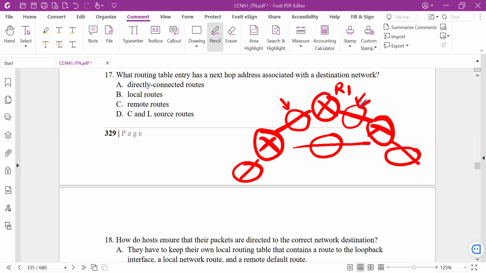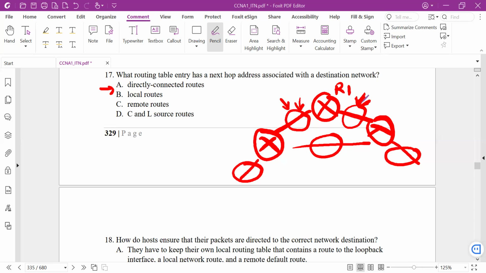So when we talk of directly connected entries, these two networks are directly attached to the interfaces of a router that will consider in its routing table. So those are directly connected routes.